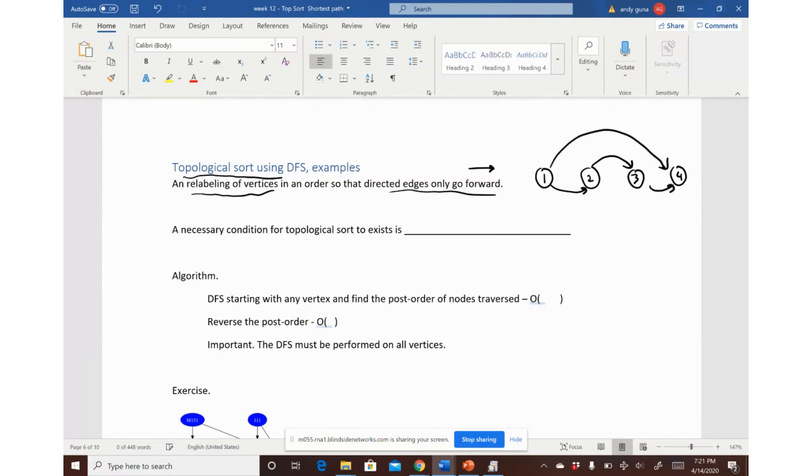So this is a graph with 4 edges, but it might have looked different before, but now it's fine. So what is the necessary condition for a topological sort to exist? What can we say about the graph?